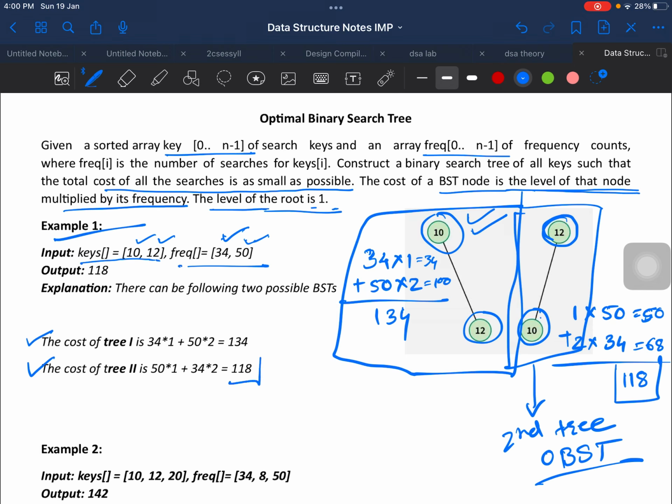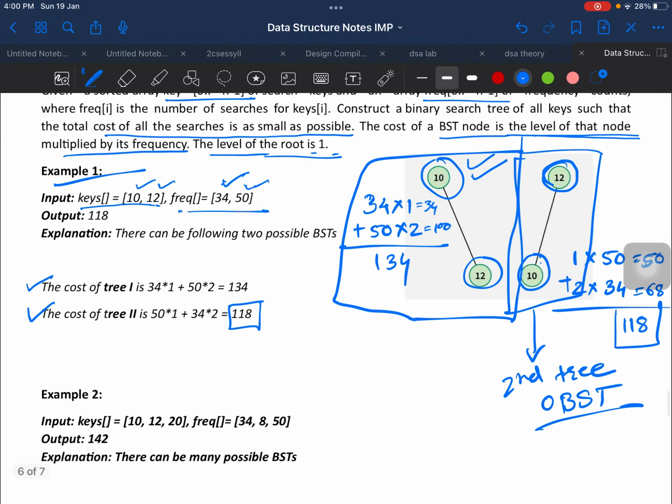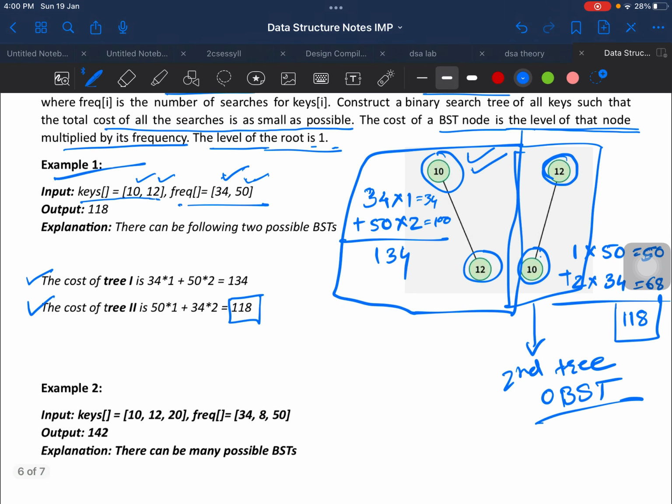So 118 is the minimum value. That's why the second tree is called an optimal binary search tree. I hope you are getting my point. So this is how you need to draw multiple trees, and from the multiple trees you need to find out which tree is an optimal binary search tree.